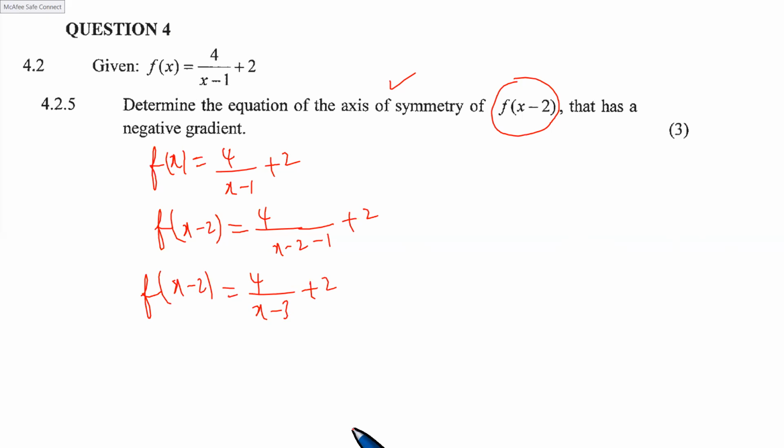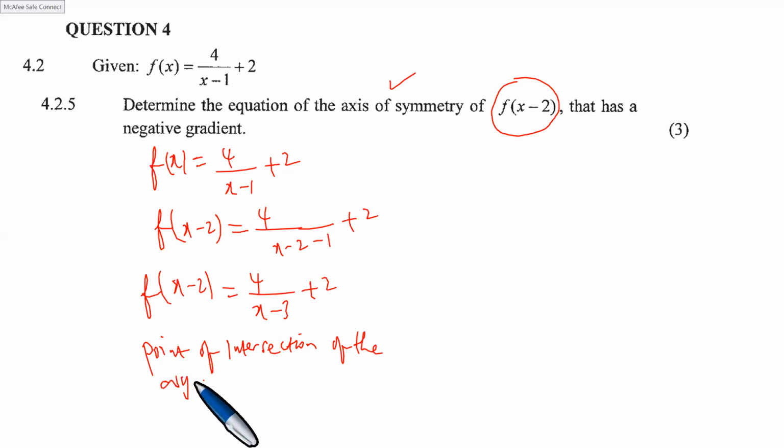So what do we have here? I want to get the equation of the axis of symmetry, but now we have the point of intersection of the asymptotes.